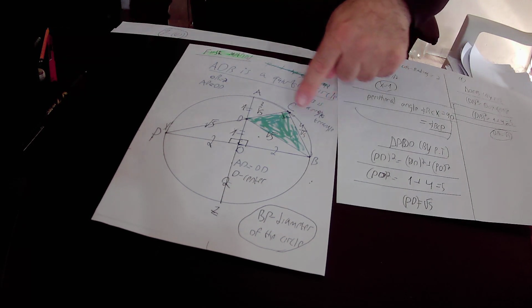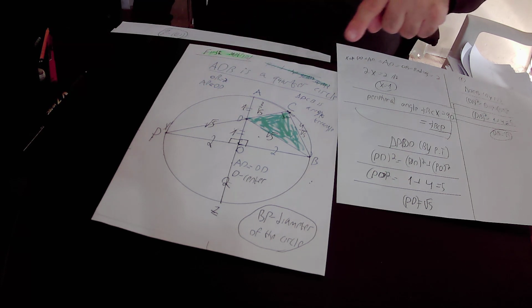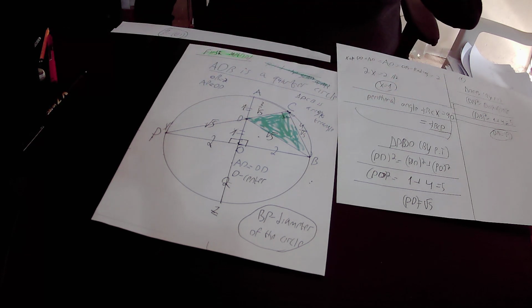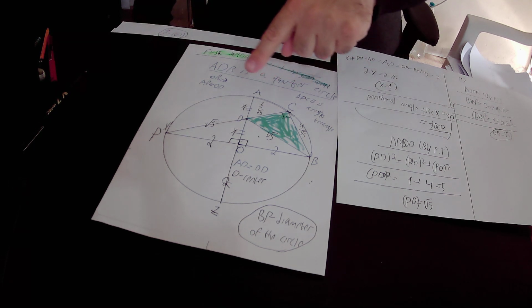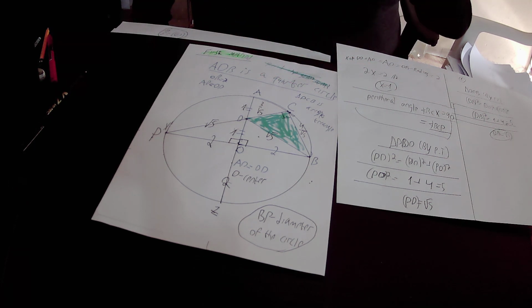And this peripheral angle BCX doesn't rest on the diameter of the circle, which is PB. Because peripheral angle BCX is equal to 90 degrees and it doesn't rest on the diameter, it is a contradiction, because any peripheral angle that is equal to 90 degrees must rest on the diameter.